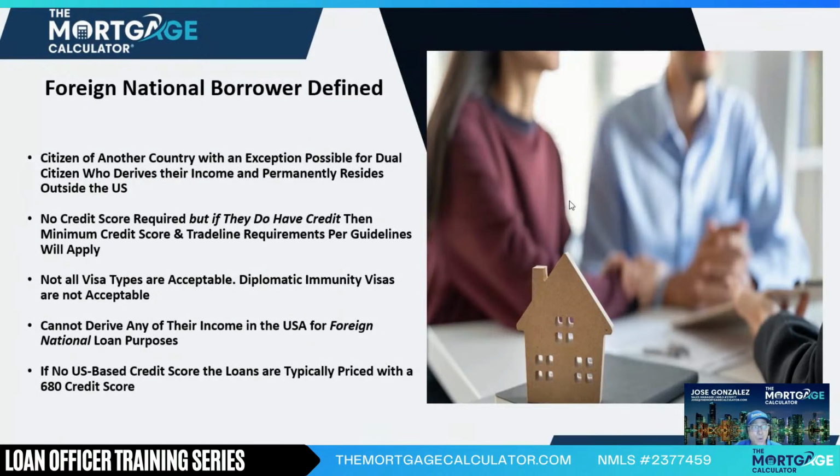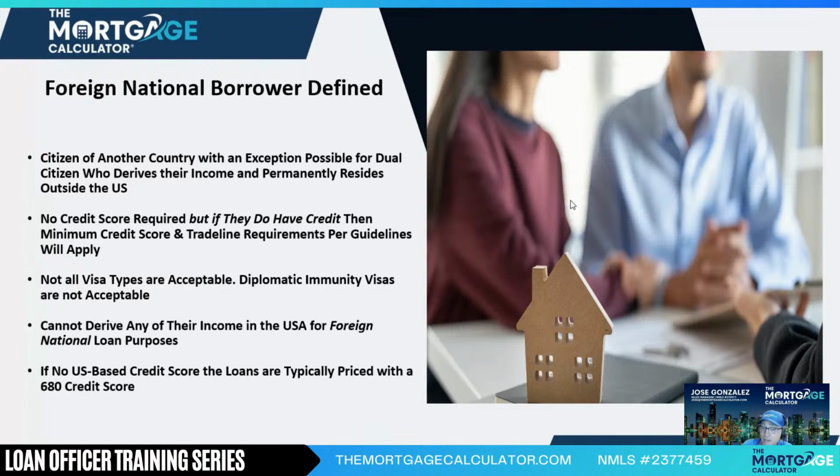The foreign national borrower can never derive any of their income in the USA for a foreign national loan, right? If they are actually deriving income in the U.S., like borrowers that have an E2 visa, right? The E2 investor visa, which allows them to legally work here while they are managing and running their business, is the purpose of the E2 visa, then that borrower could apply as a non-permanent resident alien as long as they meet the other requirements of having U.S.-based credit, right?